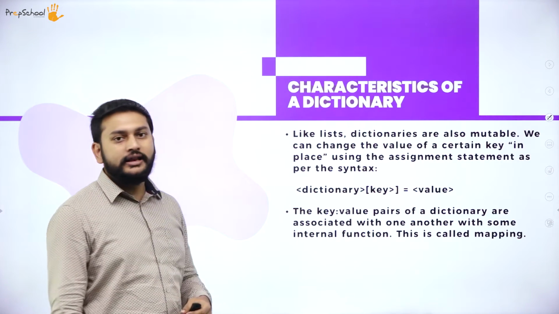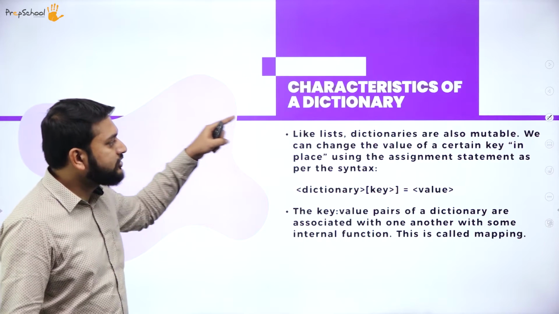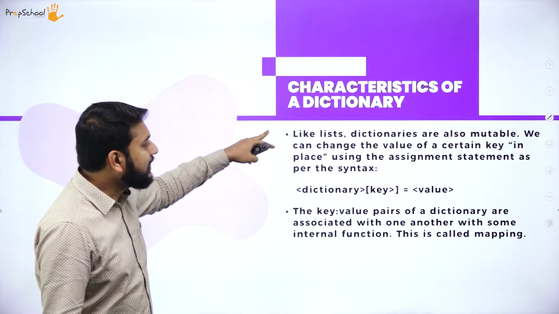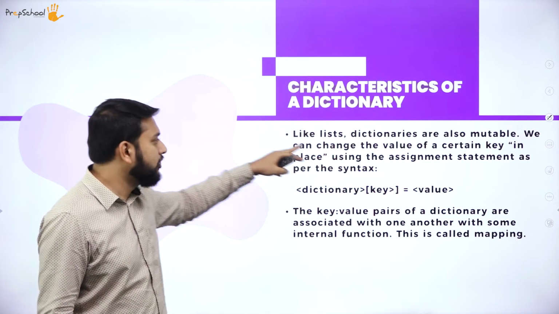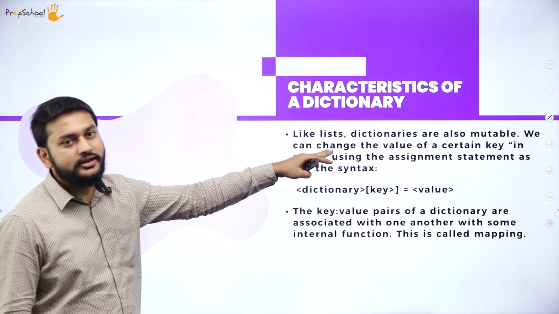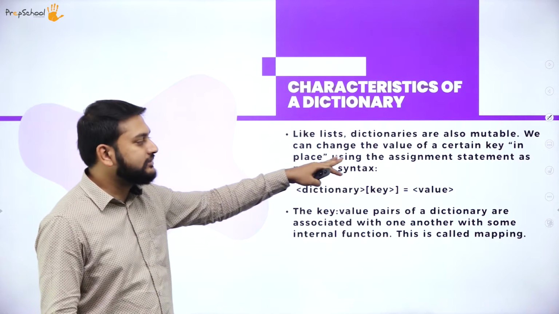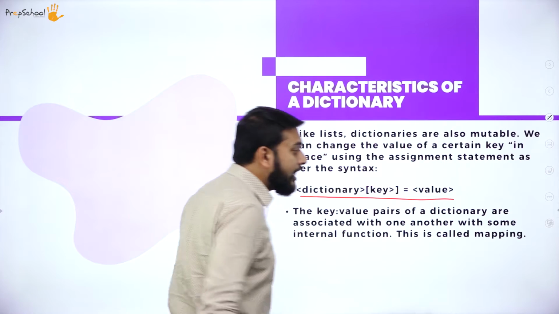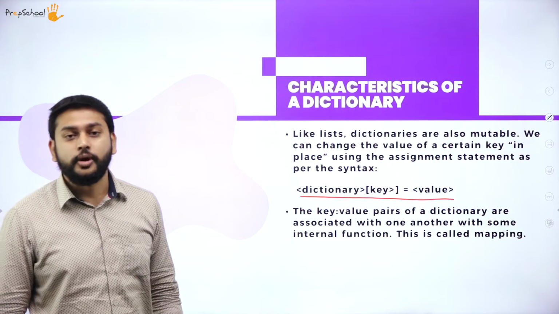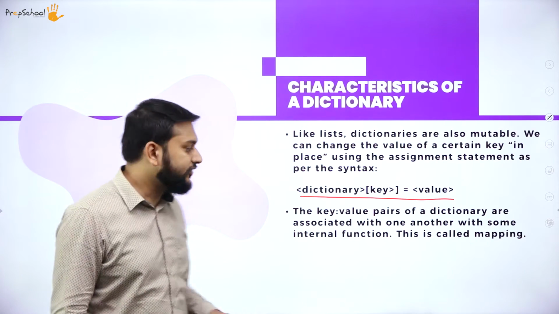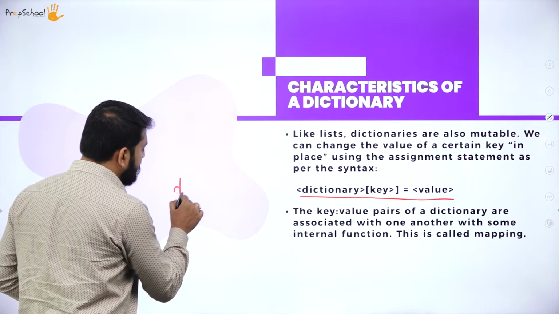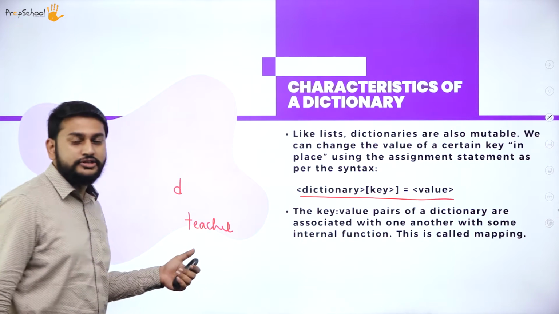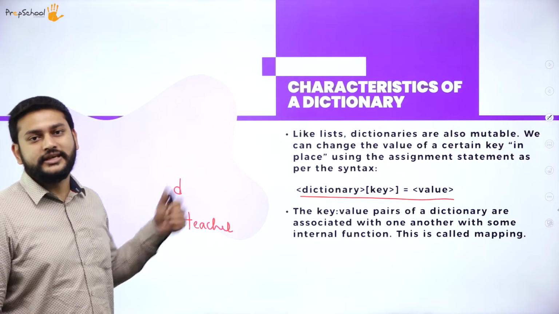Moving on to the next one. I have the next topic under characteristics of dictionaries. Please understand, like lists, dictionaries are also mutable. We can change the value of certain keys in place using the existing assignment statements. Please observe here. This is how I will be changing the value for a particular given key. Say for example, I have the dictionary teachers. I'll just take the same name since I had taken it in the previous example.